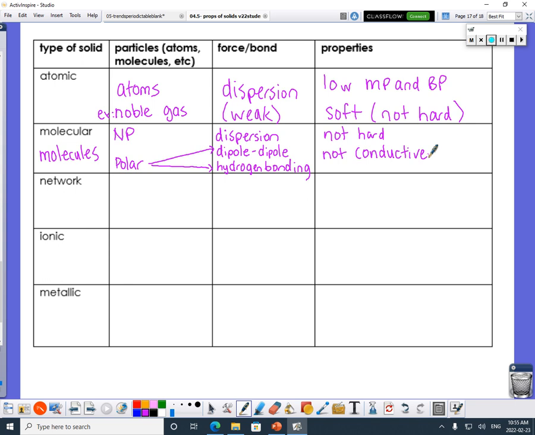Now, what you can do, if you wrote them like this, the same order I did, the melting and boiling point would increase as you go down, okay? But to be honest, that's a bit ruthless here.